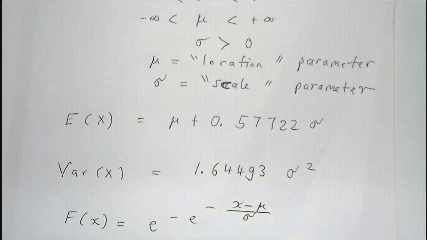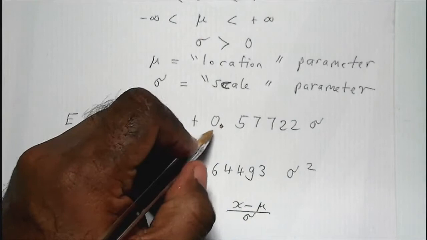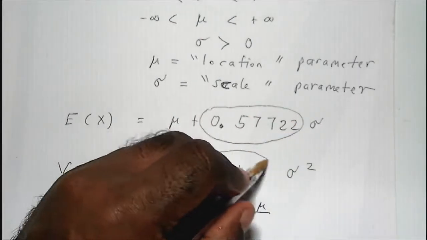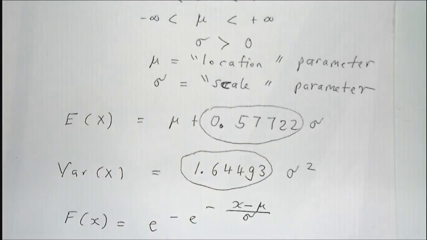Now, let me ask you guys, I ask this question every year, but nobody has been able to tell me the correct answer. These numbers here, this number here, and this number here, where do you think they come from? I know you guys have done a lot more mathematics than I have.